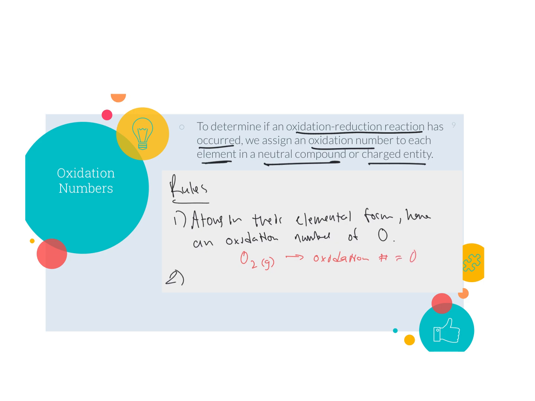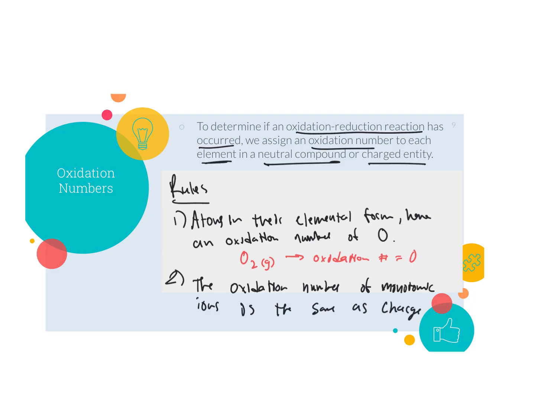Rule number 2: the oxidation number of monatomic ions, meaning one atom, is the same as the charge. So an example is if I have Mg2+, its oxidation number is equal to +2.